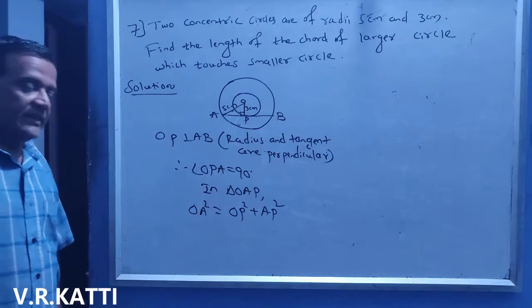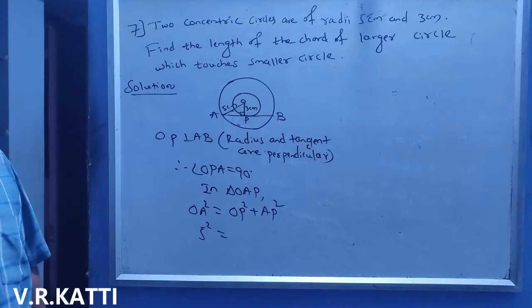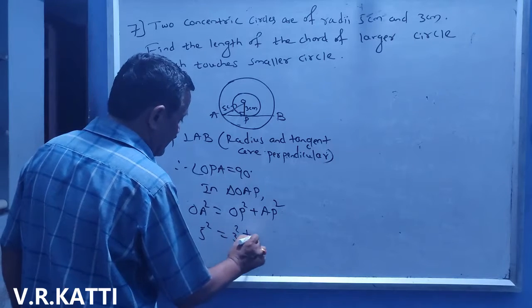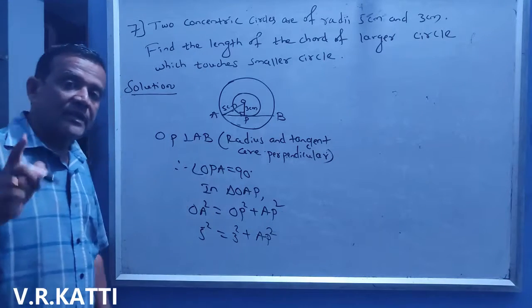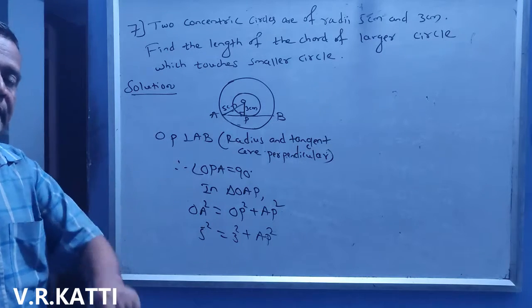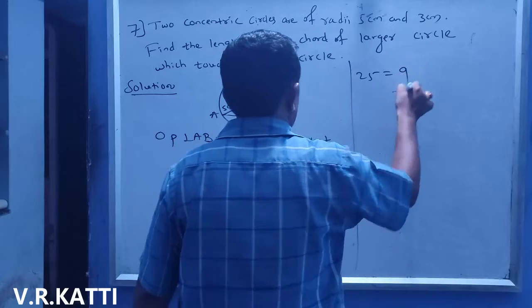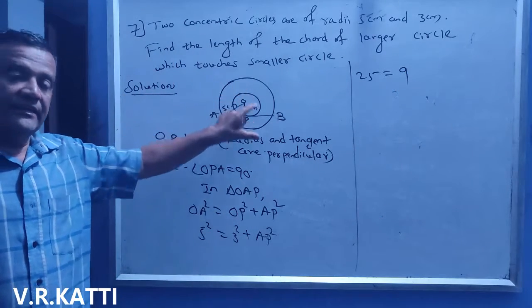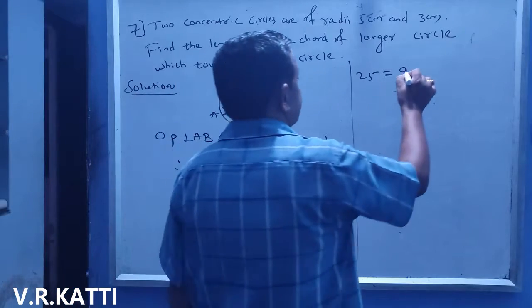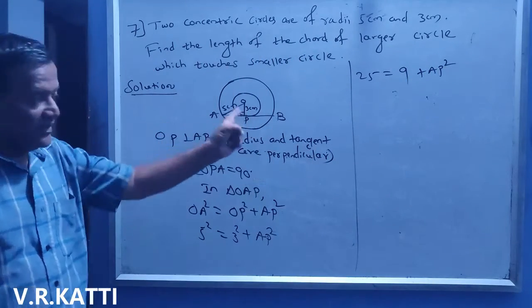So OA square is 5 square, OP square is 3 square, plus AP square. So 5 square is 25, 3 square is 9, plus AP square. So bring 9 to this side, LHS.